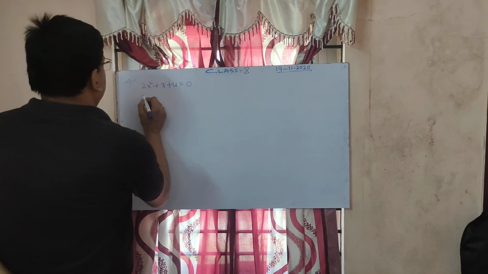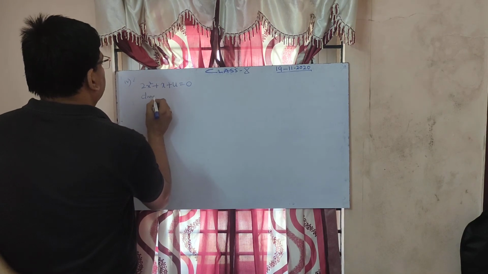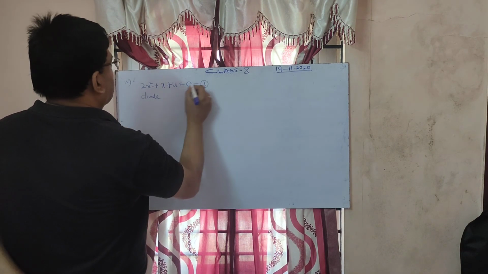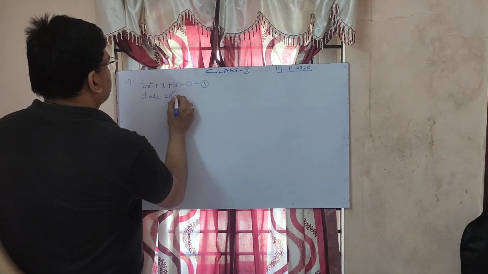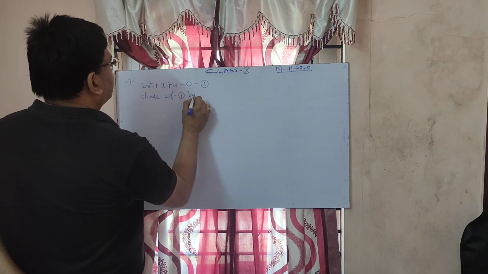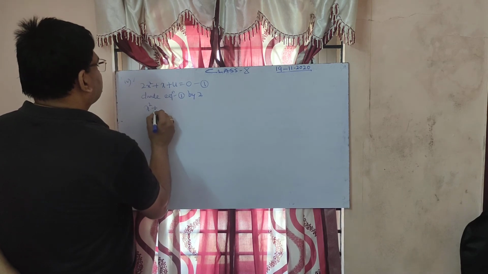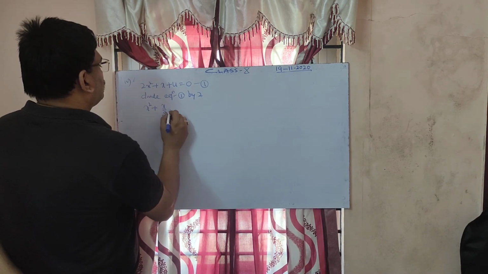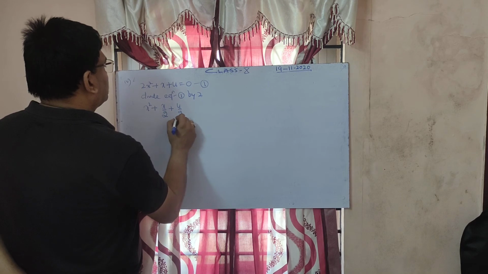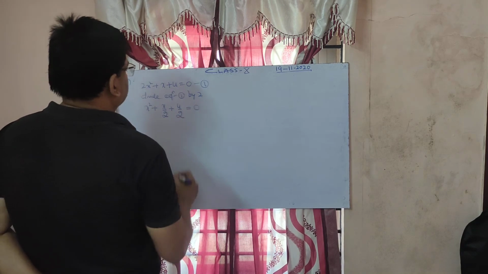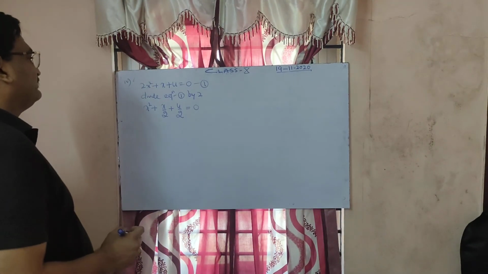Divide equation 1 by 2, that is x square plus x upon 2 plus 4 upon 2, that is equal to 0. Now this is the first step.